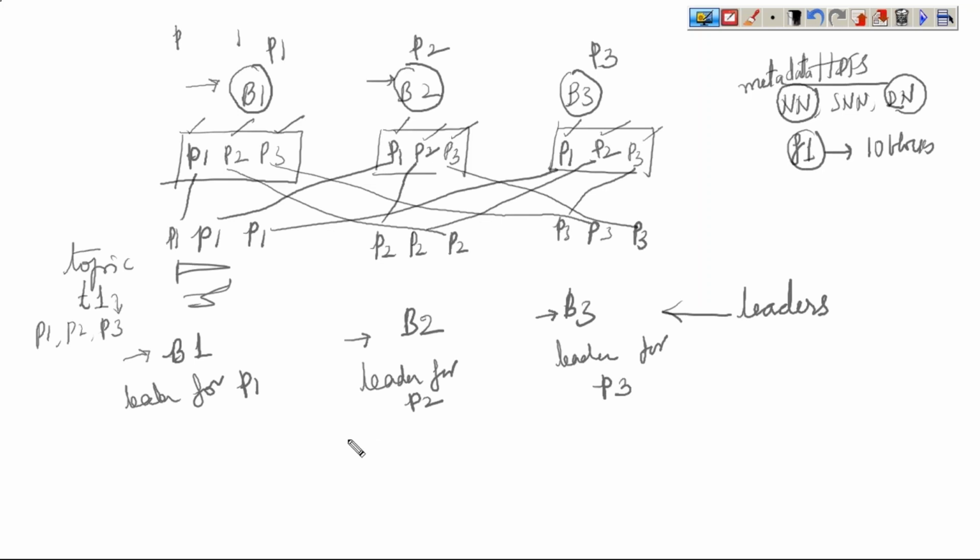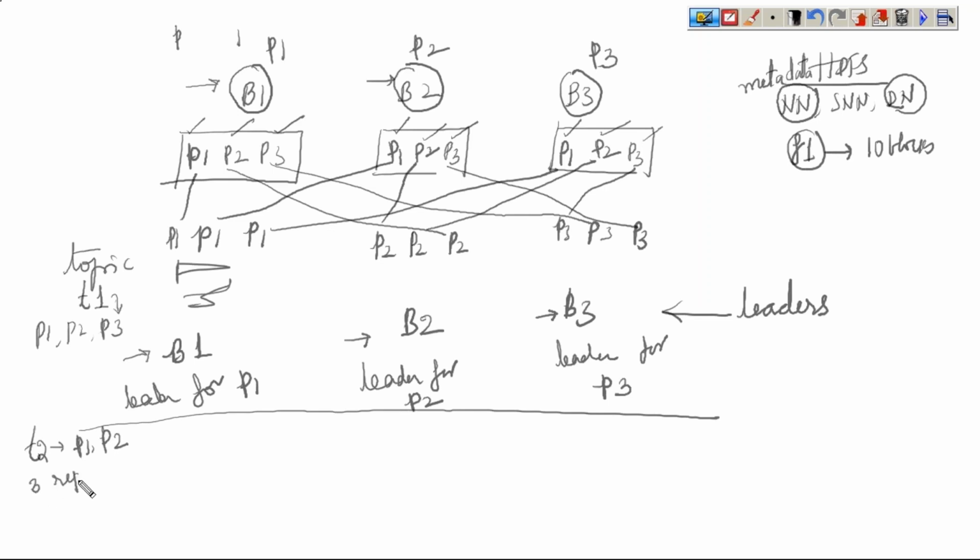Is that all? Now let us take one more topic, T2. Let us say this T2 topic is divided into only 2 partitions, and 3 replications.